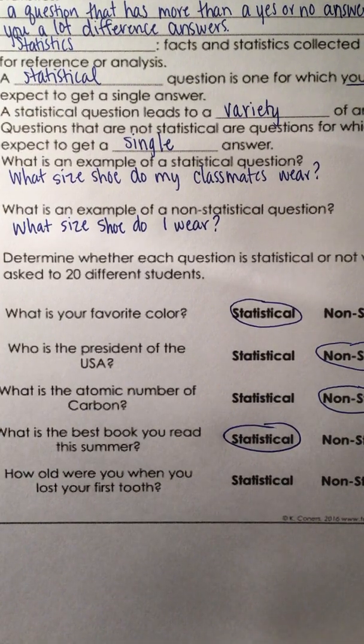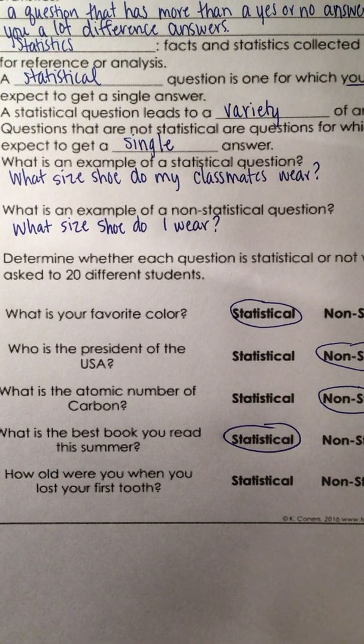And then the last one, how old were you when you lost your first tooth? That age will never change no matter who you ask. But if you ask those 20 different students, you could possibly get a variety of answers. So this one, depending on what you're looking for, could go either way.